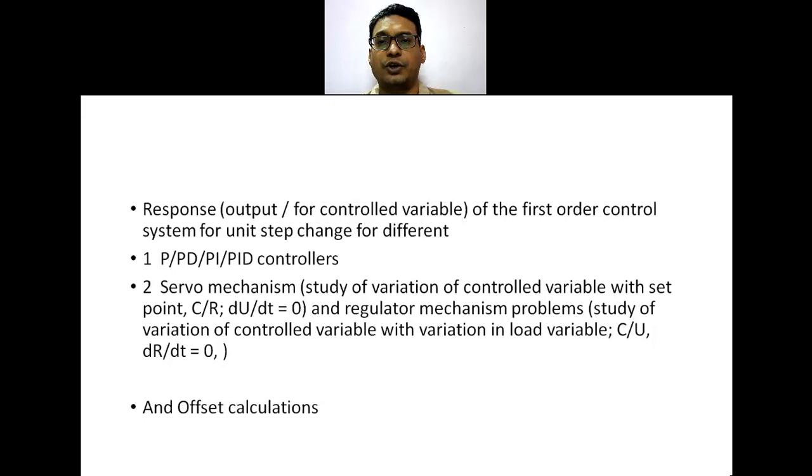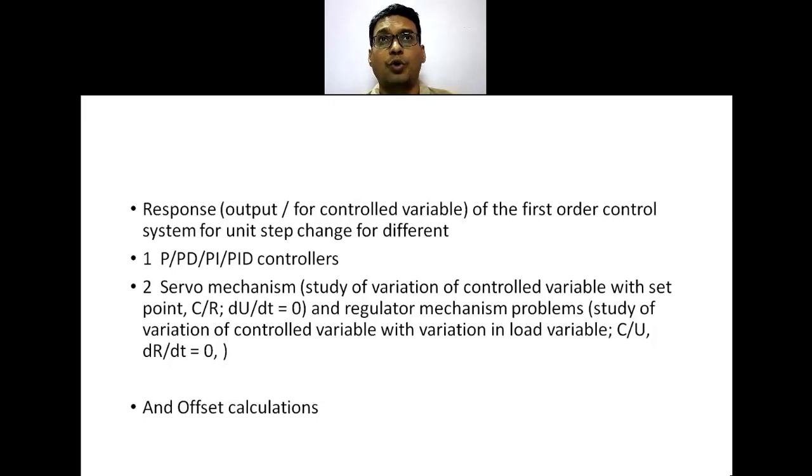Now coming to the dynamic behavior. We have already discussed the dynamic behavior, that is, what will be the response to a change in the set value or to the load variable. So this is the response or the output of a controlled variable.